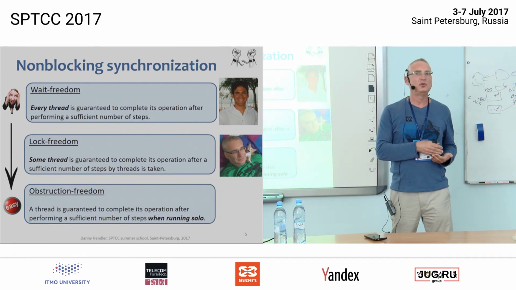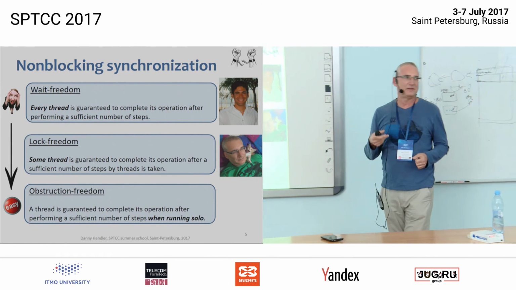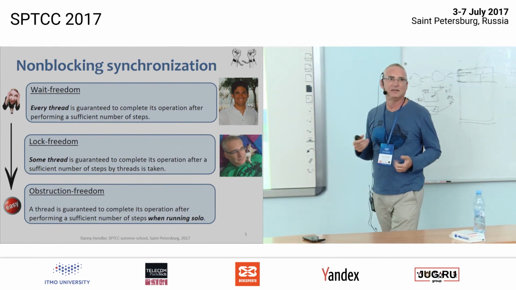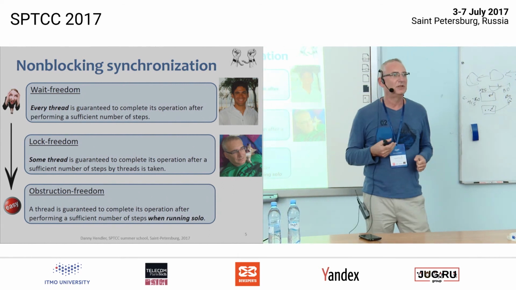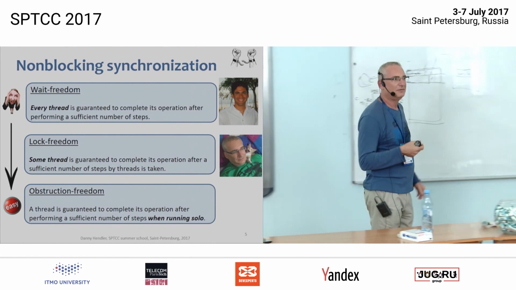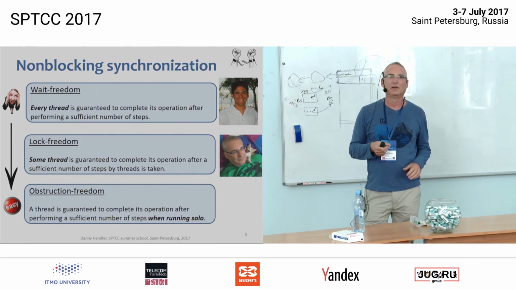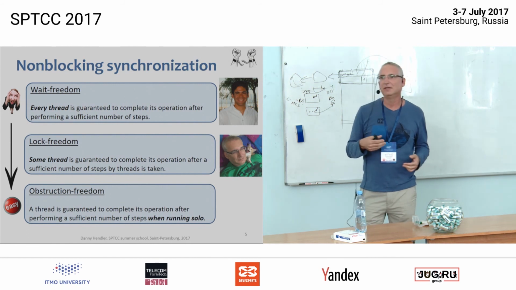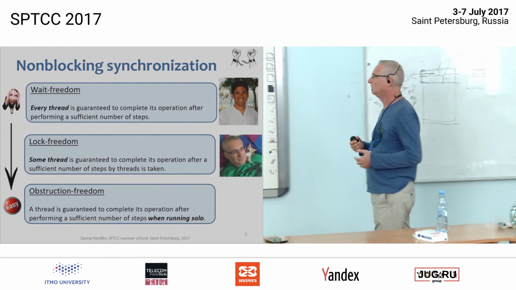So we have individual progress for every thread, and this is a very strong progress guarantee. So such an implementation is robust. But on the other hand, often they are very difficult to program. So this is the main trade-off here between programming difficulty and the level of progress that we gain.